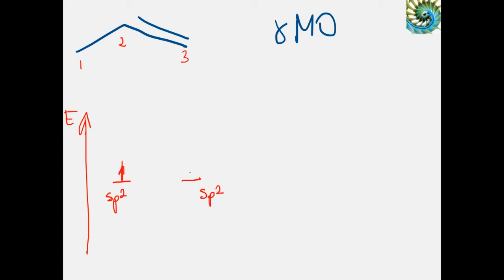Each and every one has 1 electron, and they form a sigma bond and sigma anti-bonding orbital. And there are 2 electrons on the sigma bond. So you see the diagram looks actually exactly the same as the pi bond here, with one exception. These are sp2 hybridized orbitals now that are involved in the formation of the sigma bond. And also, they have a different shape.